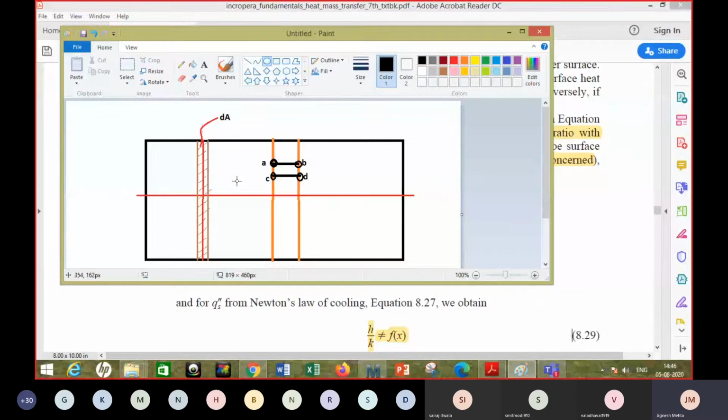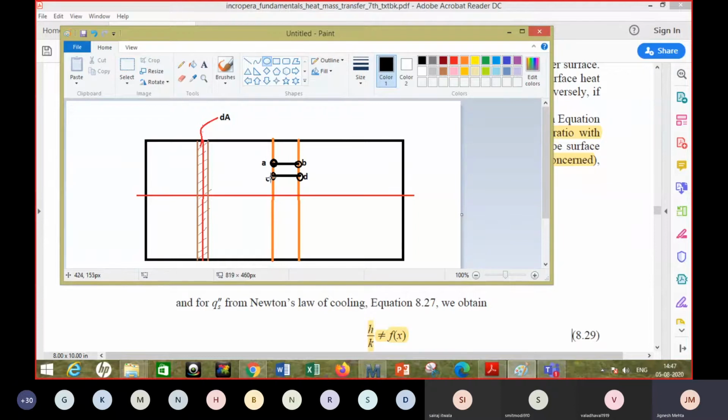This may be understood with the help of this diagram that I've drawn. This is the tube through which the fluid is flowing, and let's say you are taking 2 points, like here A and C, here B and D, at some distance dx. So the differentiation of that temperature ratio with respect to x is 0.